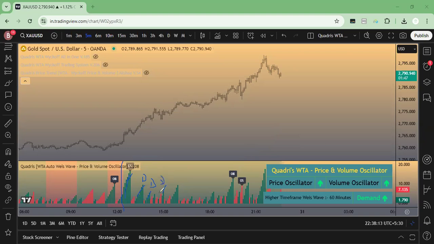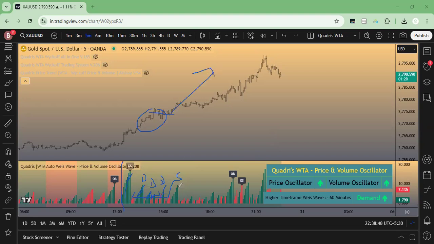Demand. Now all the red portion refers to supply. So you can see the supply is not in control, but the demand is increasing every time. Demand is greater than supply. So that means this particular market, at this particular duration, has the potential to go upwards.